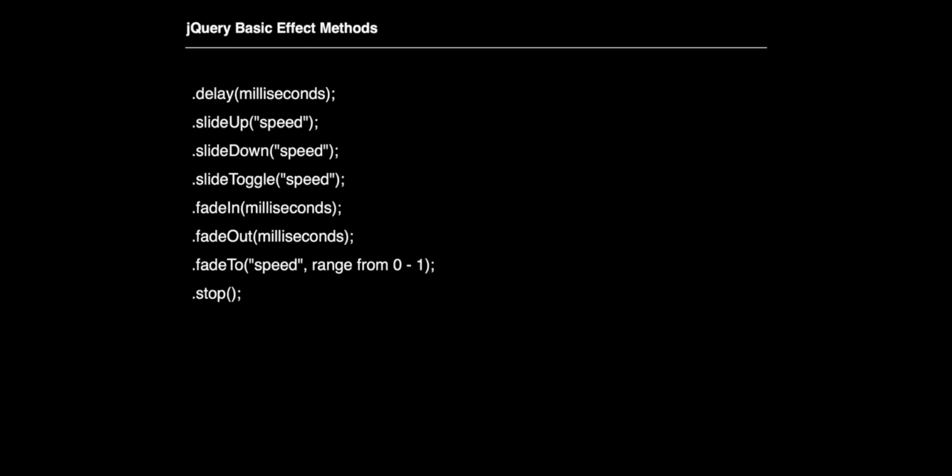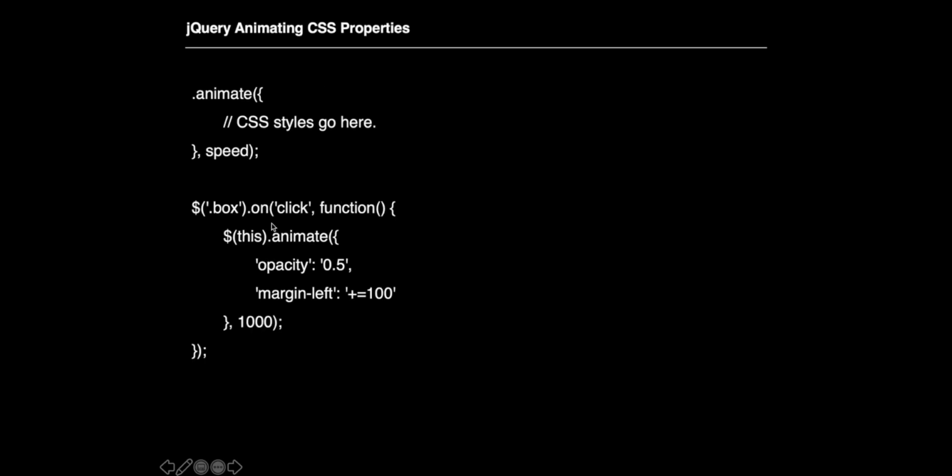So there's other basic effects and methods like delay. There's like slide up, slide down, toggle, slide toggle, then fade in, fade out, fade to, etc. Then you could stop animations as well. So we already did the fade in, and you just pass in the milliseconds. If you want to do something more advanced when it comes to animation, you can do animations on most CSS styles, like size and position, opacity as well.